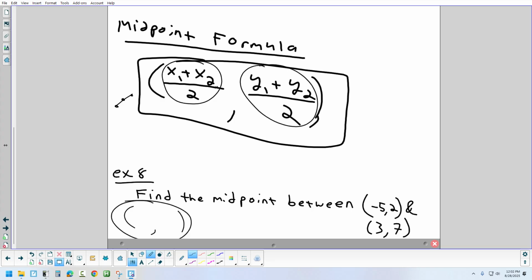Yeah, -1. Okay, so that's the average of the x's. And how about the average of the y's? 2 and 7. Just leave it as a fraction. What is it? 9/2. Yep, 9/2, or you could do 4.5. But that's the average of the x's and the average of the y's.